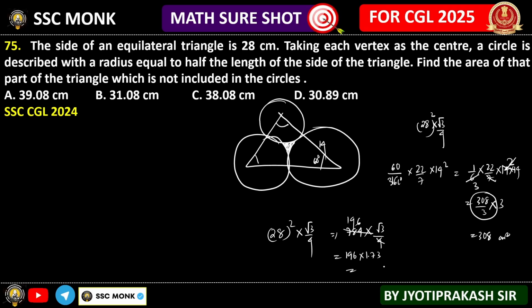If I solve this, 6 3 18, the value is 339.08. The total area of the triangle is 339.08 minus the area of the circles, 308. So the remaining is 31.08 centimeter square. That is equal to option B.